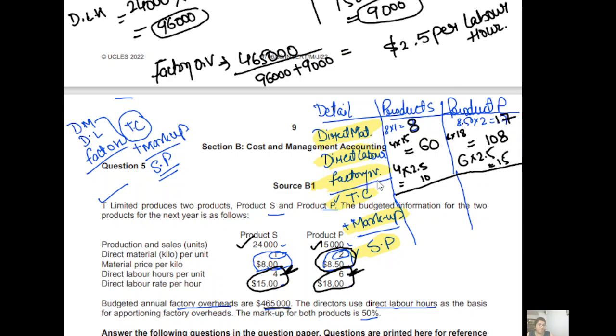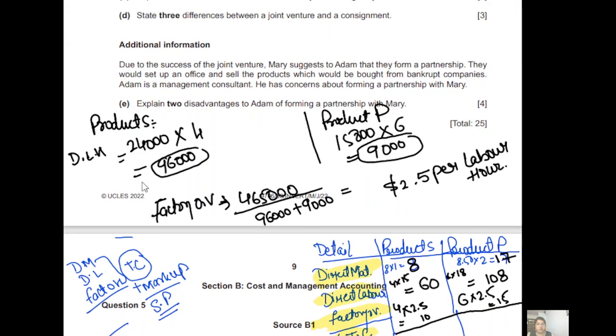Then factory overhead. They ask you to divide the factory overhead between the products on the basis of direct labor hours. So for product S, direct labor hours are 24,000 times 4, which is 96,000, and 15,000 times 6 is 90,000.